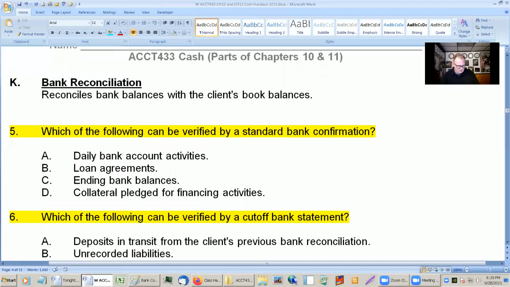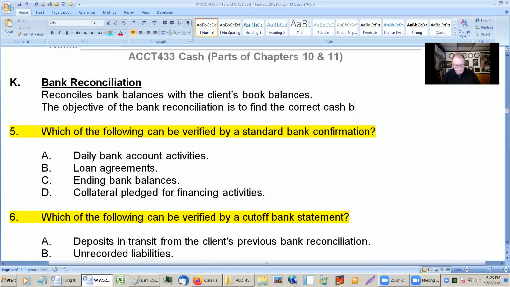And one of the things that they try to do, the objective of the bank reconciliation, is to find the correct cash balance.